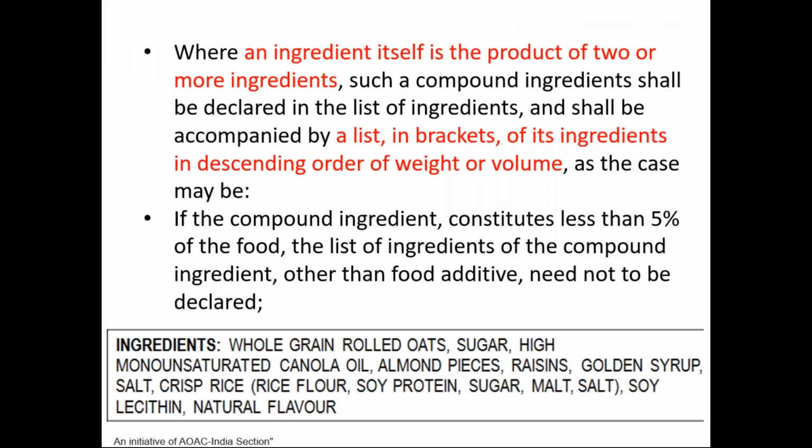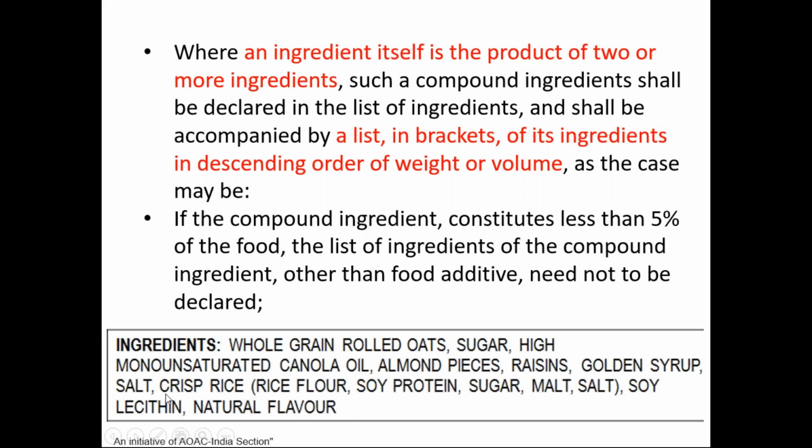So, in the regulation, if the ingredient itself, which is used, is a product of two or more ingredients, then the name of the ingredient with the list of the ingredients used to make that compound have to be listed. And the ingredient list must be in descending order as you see in this list.